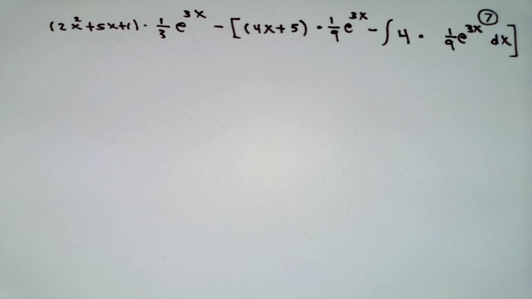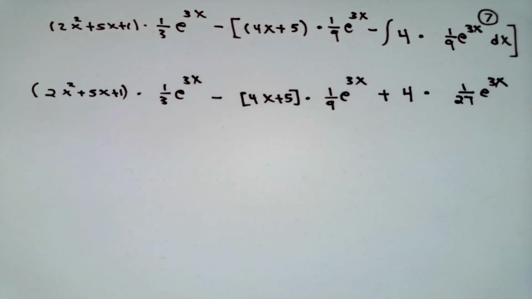I'm going to have 2x squared plus 5x plus 1 times 1/3 e to the 3x minus the quantity 4x plus 5 times 1/9 e to the 3x minus minus is plus 4 times 1/27 e to the 3x, which is what I get when I integrate 1/9 e to the 3x.